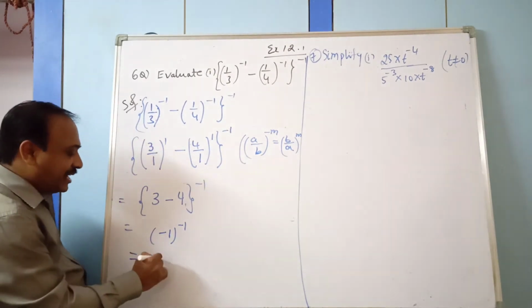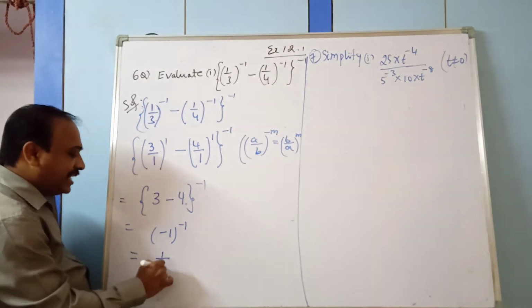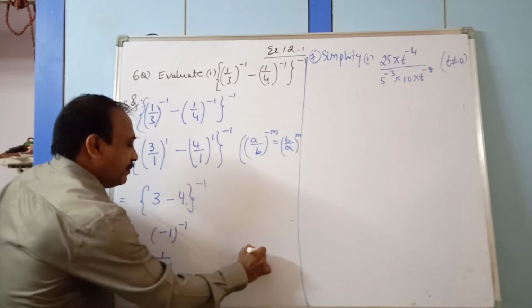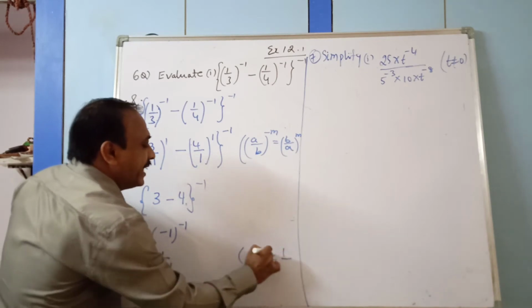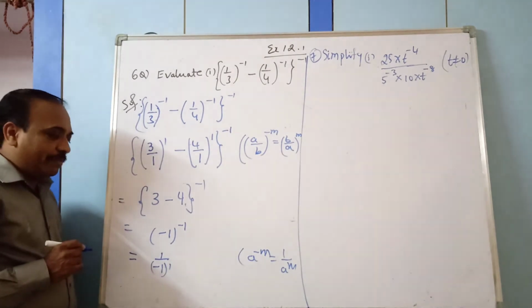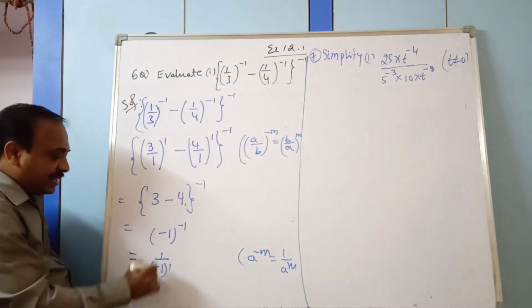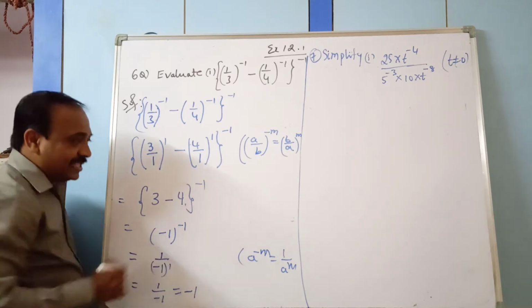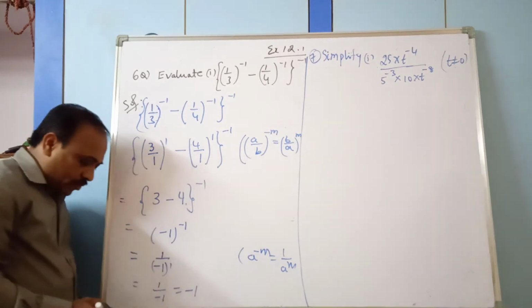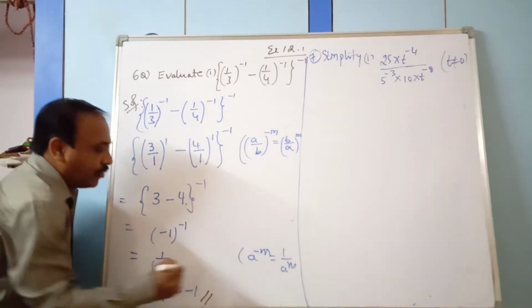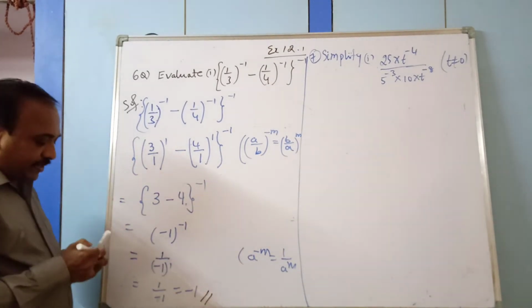If we write it in the denominator, 1/(-1)^1. As we know, a^-m = 1/a^m, which is 1/(-1), equal to -1. So the final answer you got is -1.